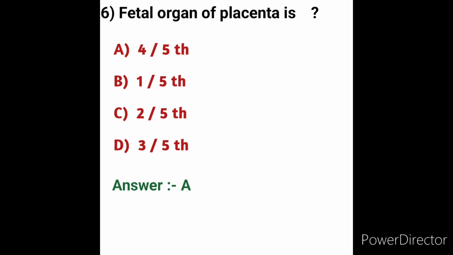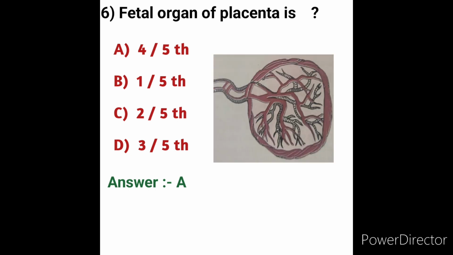It is crucial for the normal development and survival of the baby in the womb. The mature placenta is on average 22 centimeters in diameter and 2.5 centimeters thick at the center, and approximately 500 grams in weight. Option A is the correct answer.